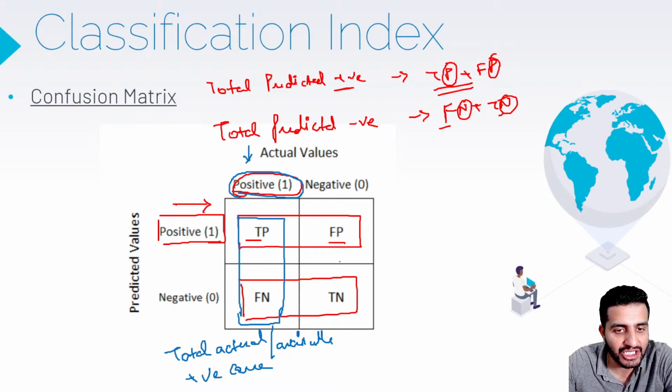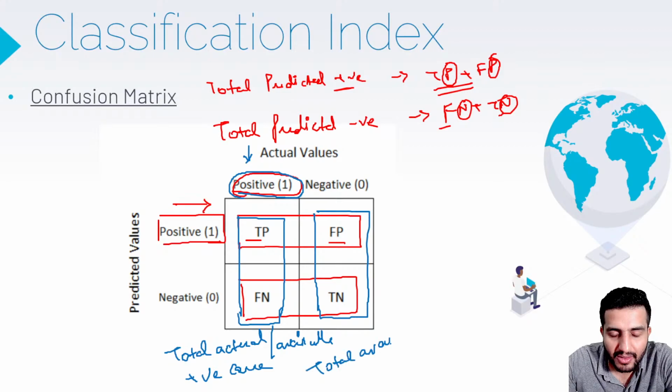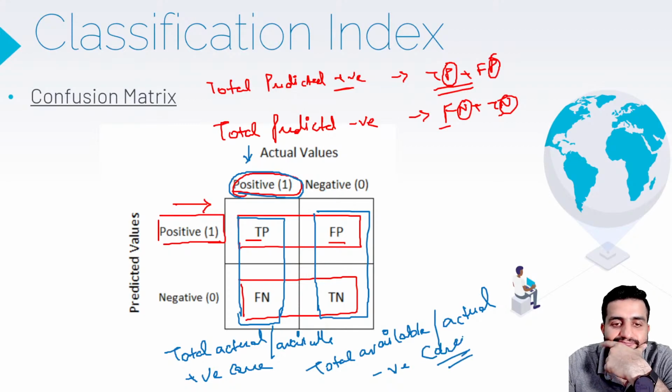This is what my total actual case is. Likewise, this is nothing but the total available or actual negative cases. Make sense? So this is what my positive case is, and this is what my negative case is. So total actual positive and total actual negative, we are trying to look at.